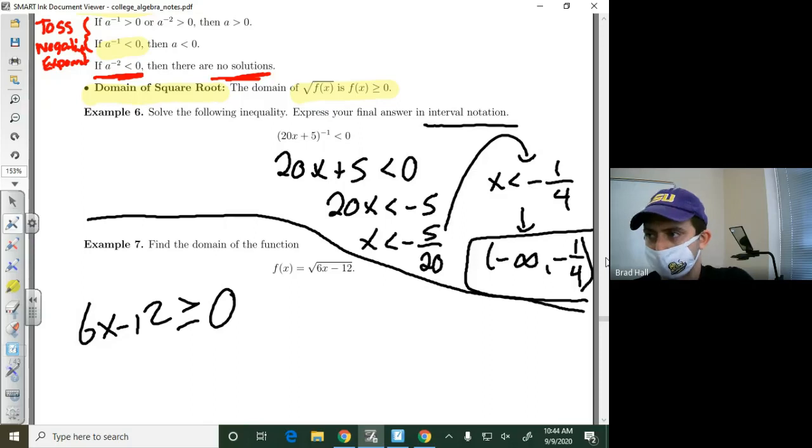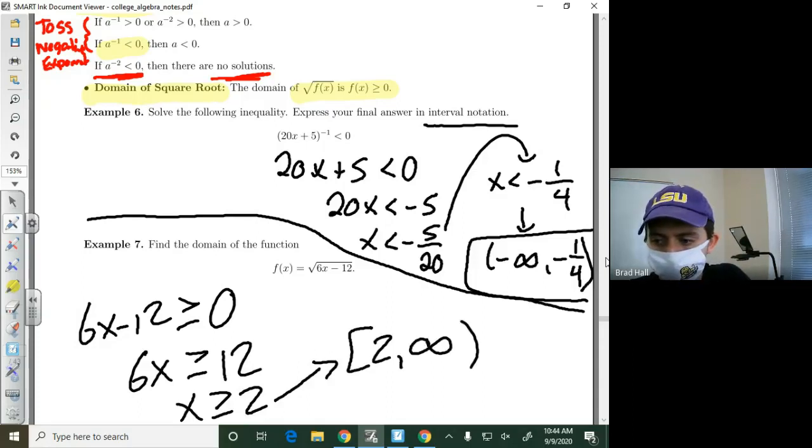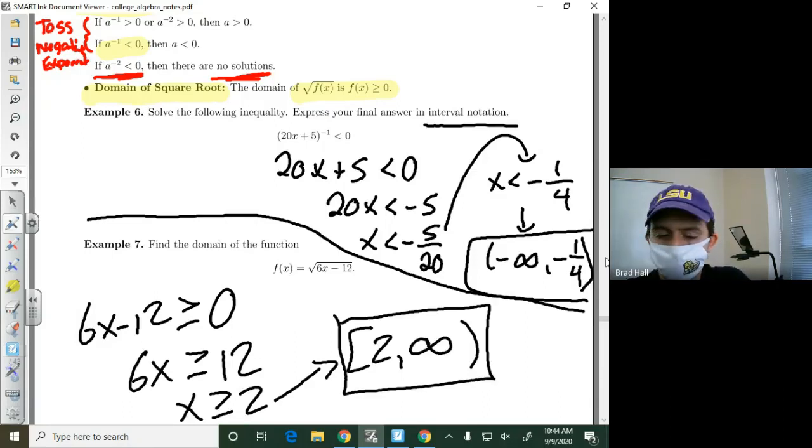We've done problems like this before, but this is another way of looking at it. And then we solve it. You get 2 to infinity, because we're going to put the answer in interval notation.